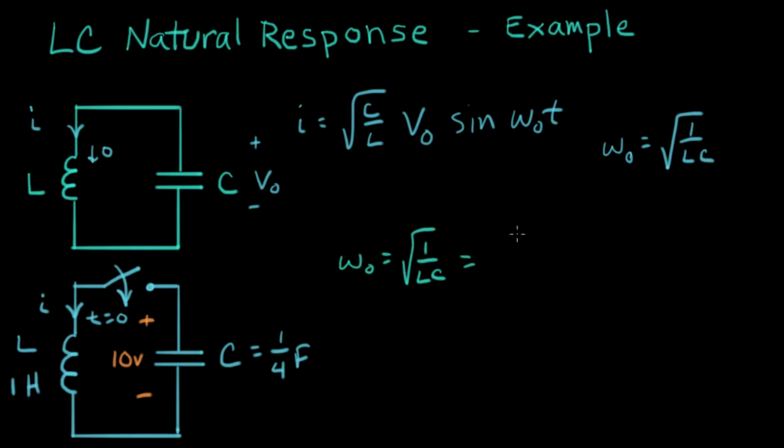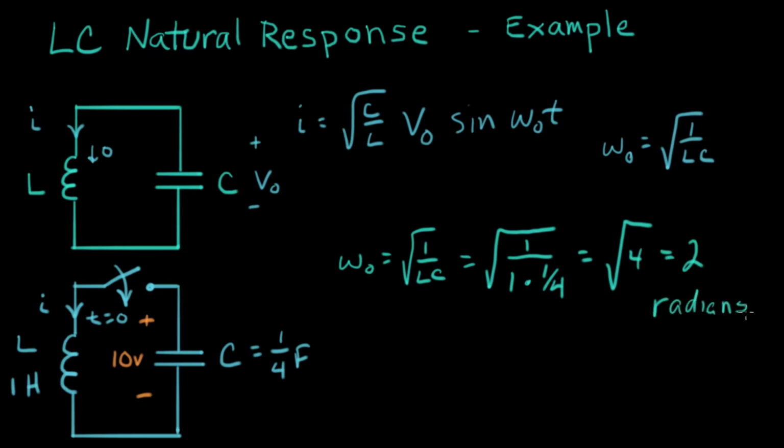So that equals the square root of 1 over 1 Henry times 1/4 farad, which equals the square root of 4, or equals 2. And that's in units of radians per second. That's the natural frequency.